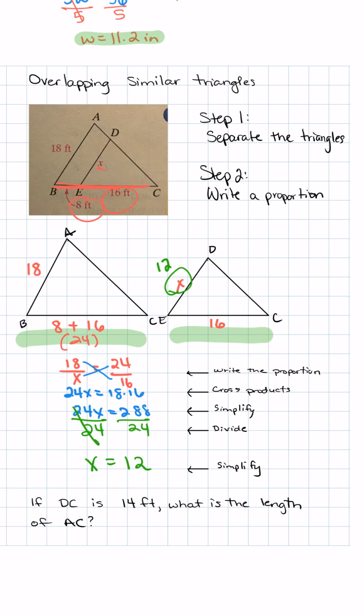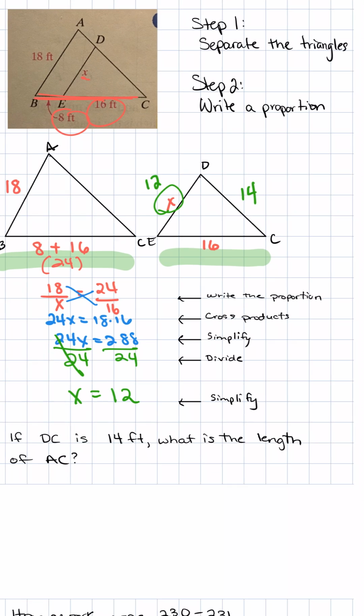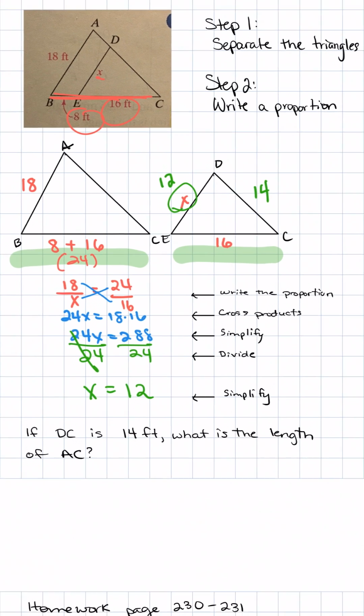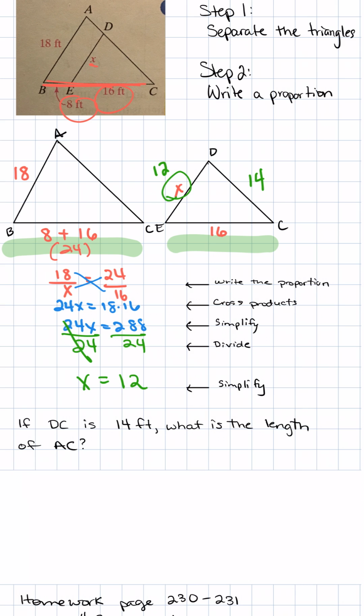So if DC is 14 feet, what is the length of AC? Same thing, let's set it up in the same way, but now we have to look at what this one is going to be. Let's call that V. Okay, so now we're going to choose two sides that are similar. Let's just stick with 18 and 12, and then V and 14.